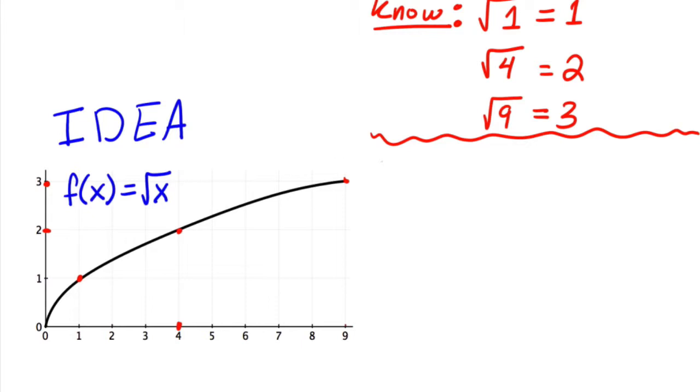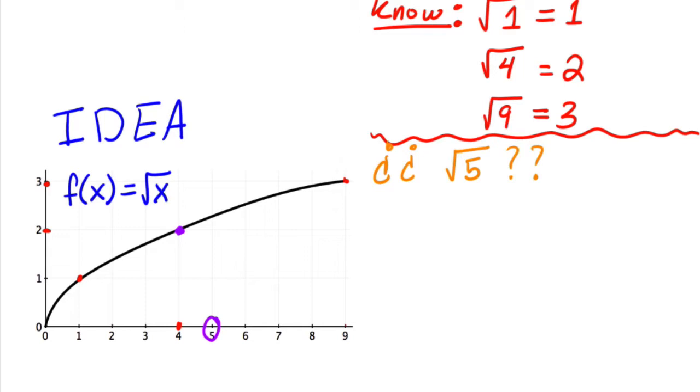But what about if you want to know the square root of, let's say, 5? Well, to approximate this one, you would need a calculator. But take a look at this. Notice that x equals 5, which is the one that we want, is pretty close to 4.